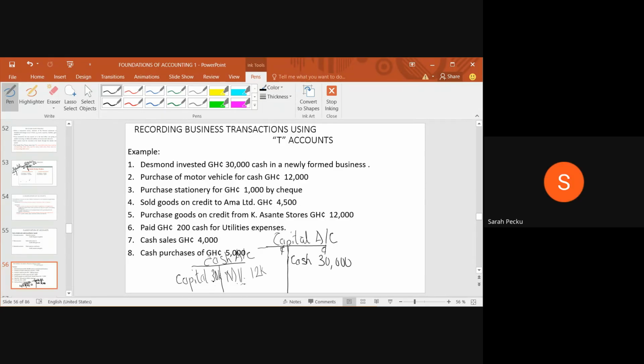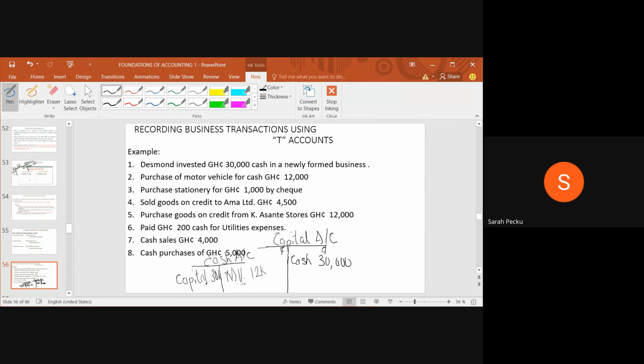I understand, but we opened a capital account first for the initial investment, and we came to open another account for the first 12,000. It was not only the capital account we opened, though. Yes, and cash accounts. But we have our cash account already, so we will record the 12,000 in the cash account that we have already. Exactly. Why should you have two cash accounts?